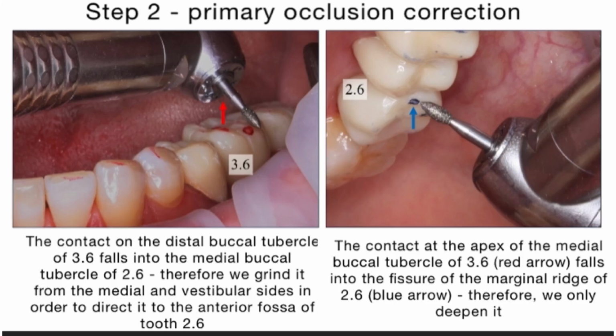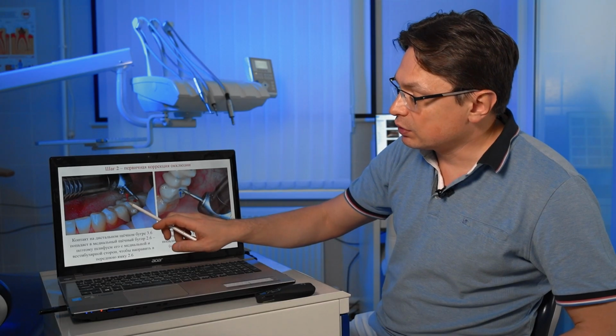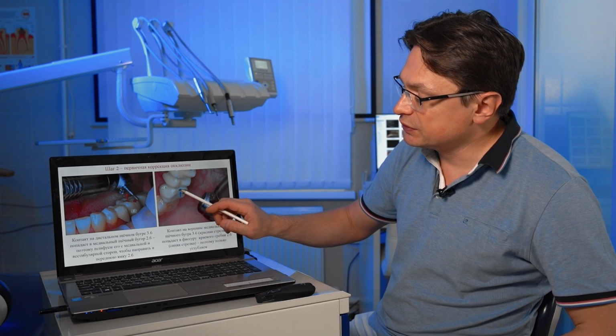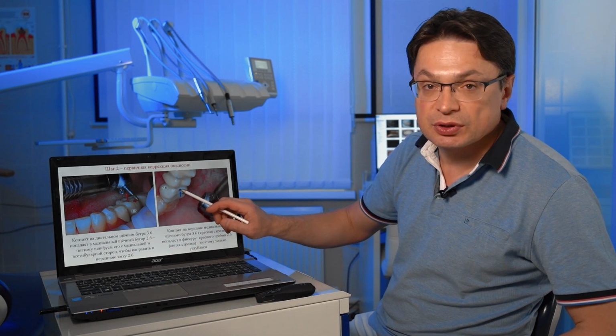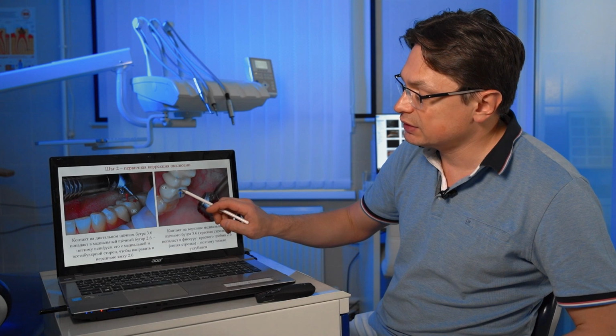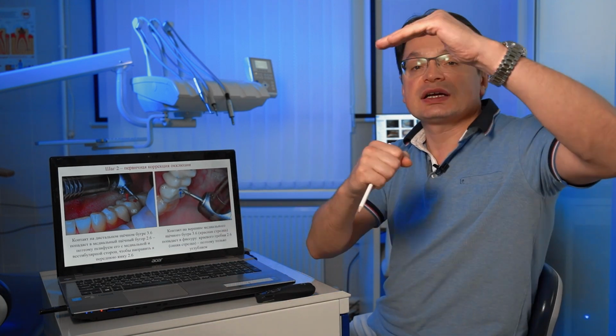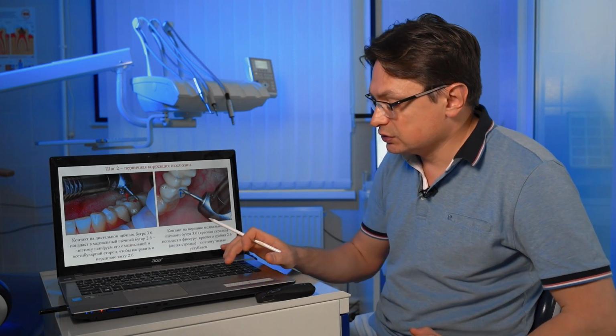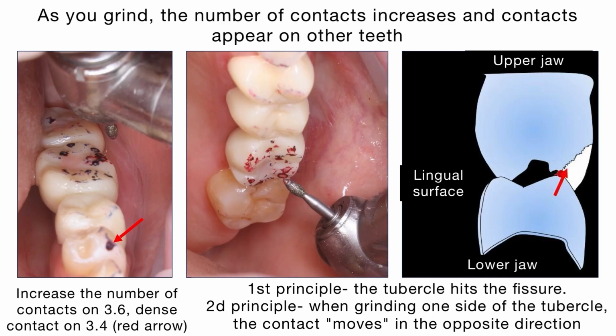And you can see that in some areas I do not grind but deepen the fissure because I see where the tubercle will enter. I have clear contact on the tubercles and it practically falls into the fissure. So I take a little bit of the area from the vestibular side and here I deepen, so that the angle of attack is preserved and the tubercle would definitely enter the fissure.